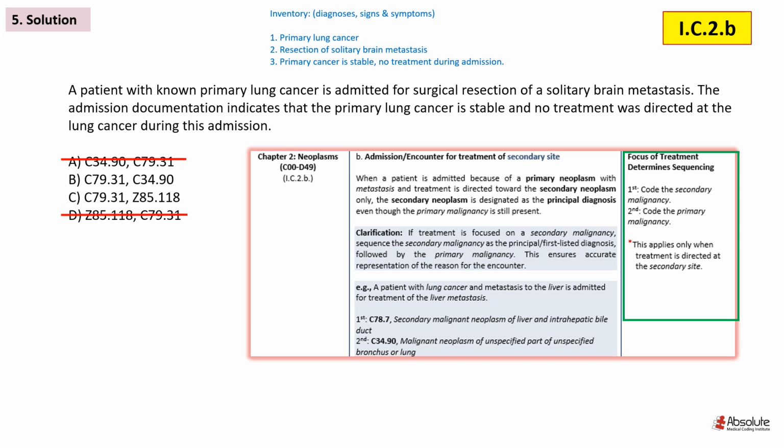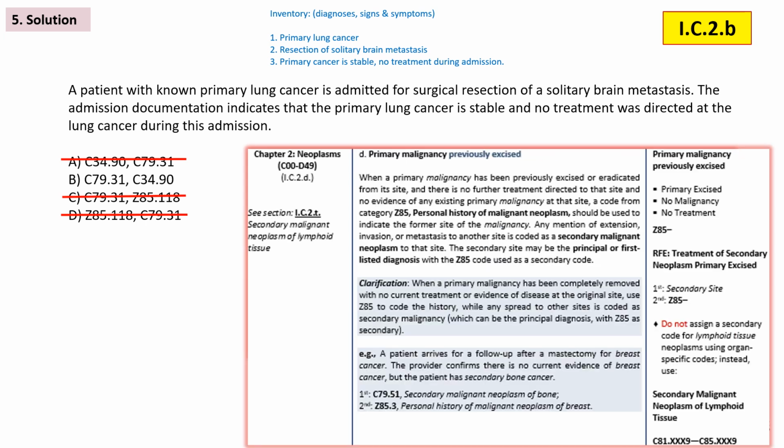But I want to give you another guideline. When you're coding for a personal history of cancer, and often that cancer has been previously excised, or there's no malignancy, or doesn't require any treatment, it has been totally eradicated from your body. That is when you use the Z85 category for neoplasms.